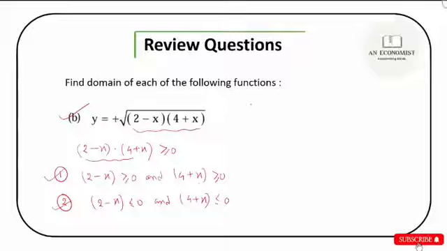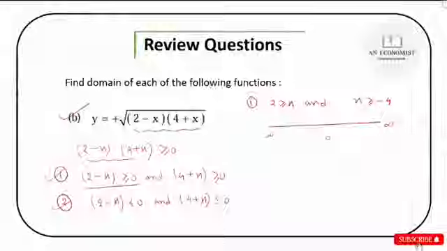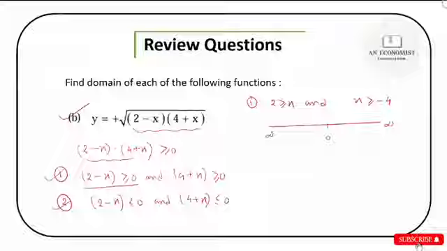So let's do that. Let's consider the first case. So this particular expression will give us this, and if you draw the real line, what do you see? Here you have say 2 and here you have minus 4. So this expression is saying that x is less than or equal to 2, and x is greater than or equal to minus 4.